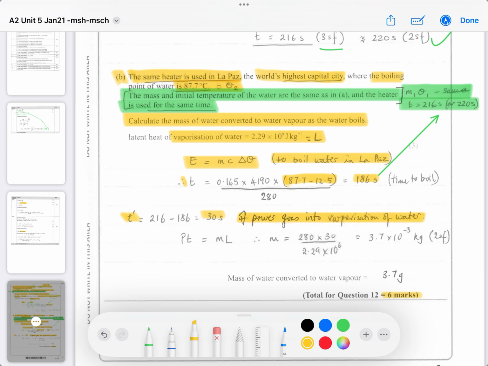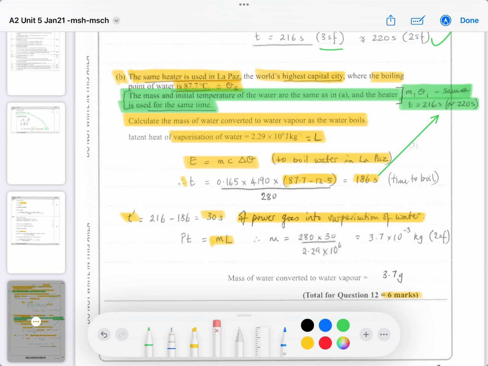You assume that the kettle would go off when it's boiling. It depends how it's controlled. So what would happen, the rest of the 30 seconds of the power goes into the mass vaporization. So that's mL. So this time you want to work out m. We know power, we know time.